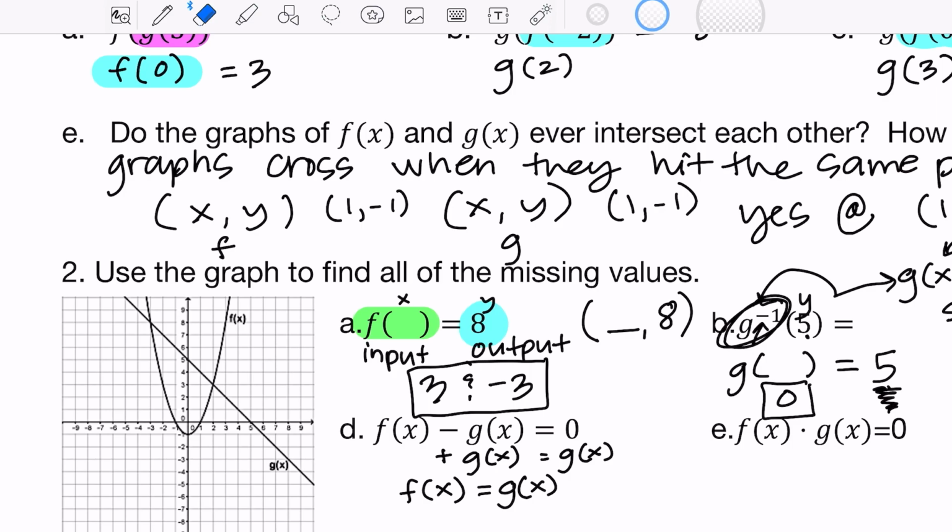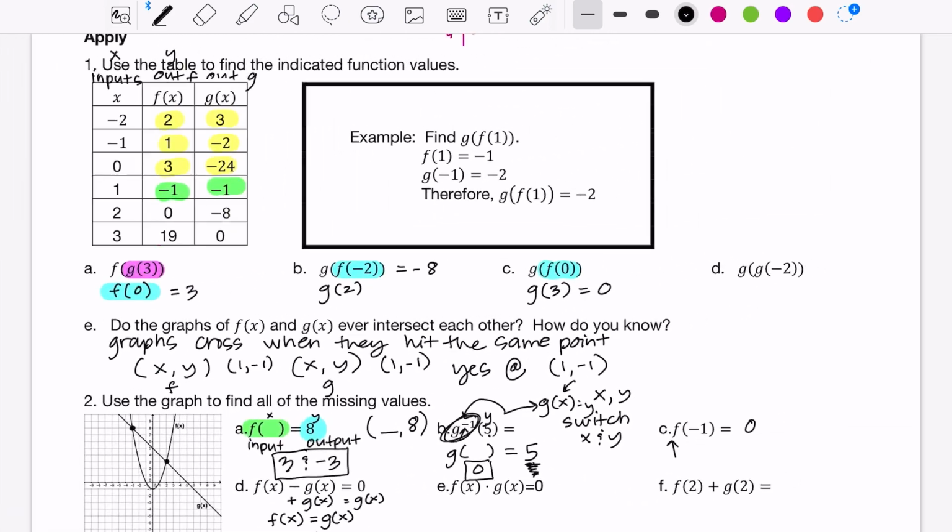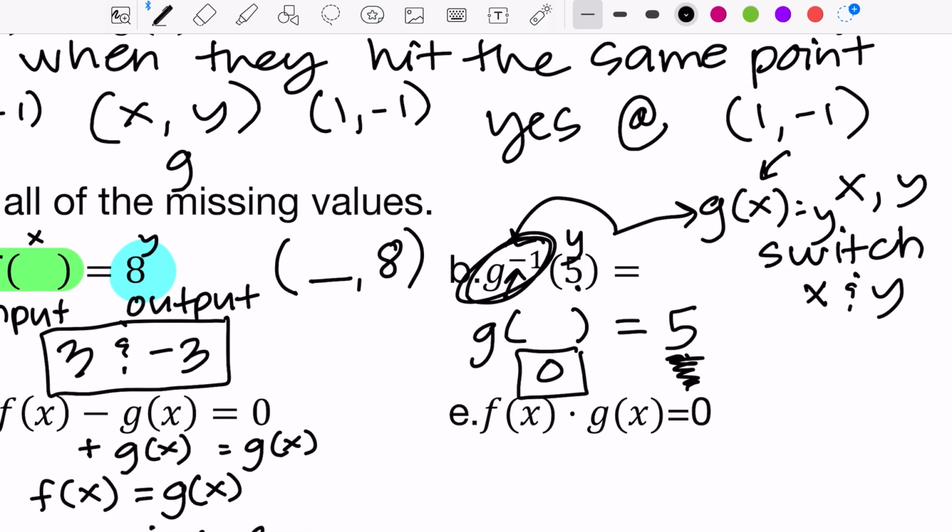And you can see it's right here. They've actually got 2 points of intersection, that one and that one, right? So this one is saying, where do they intersect? It's going to be at x equals -3 and at x equals 2. Okay, we already know that they're going to be equal in their y values, so we don't have to worry about that.